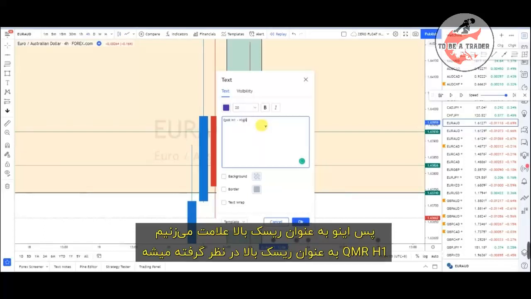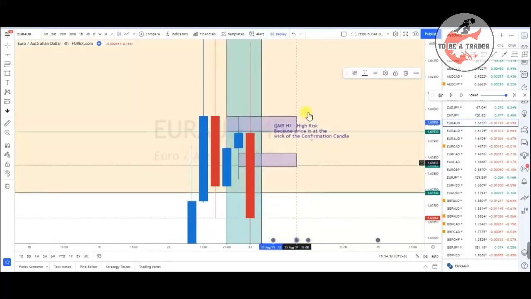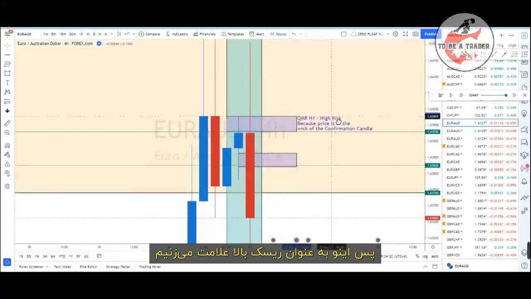Okay, so why high risk? Because price is at the wick of the confirmation candle. So we're going to mark this as high risk.